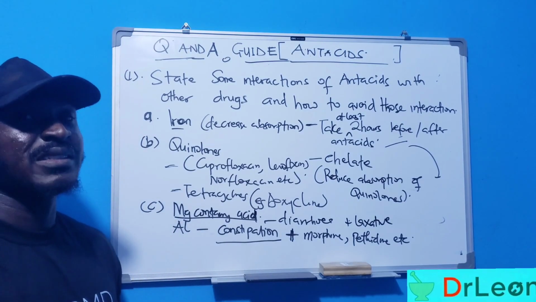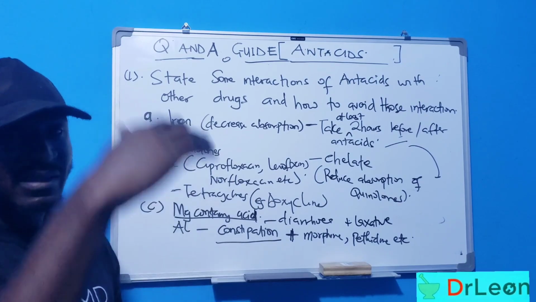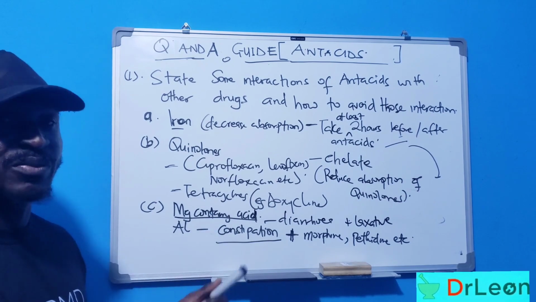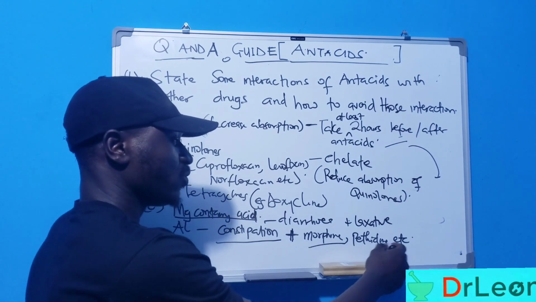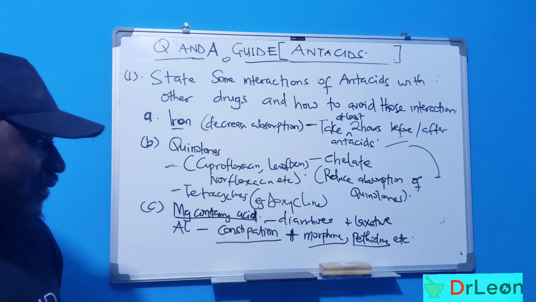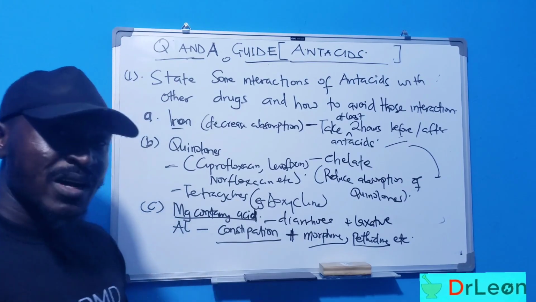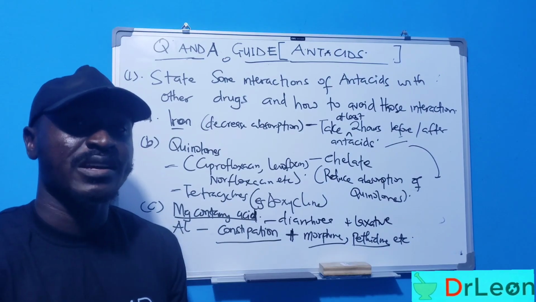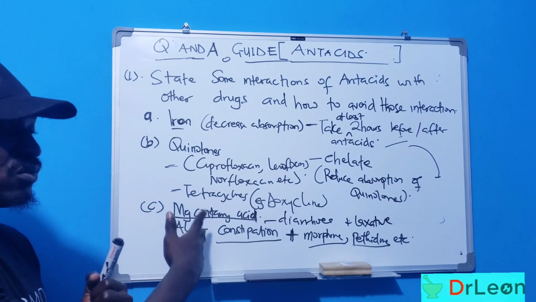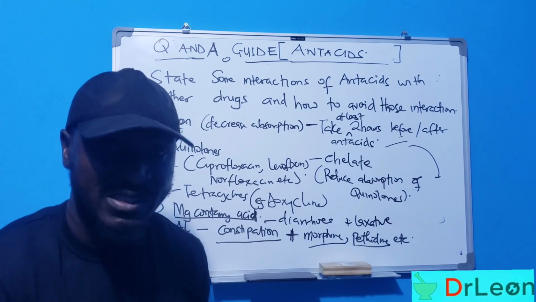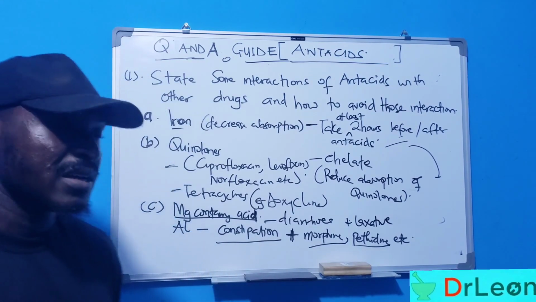The risk of the patients having constipation will be high, because the aluminium causes constipation, and these medications too also cause constipation. So one way that manufacturers have helped to avoid them is by combining the two, magnesium and aluminium, so that the diarrhea and the constipation will cancel out.